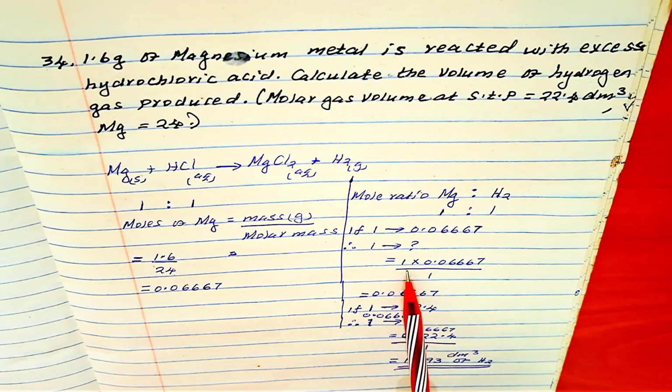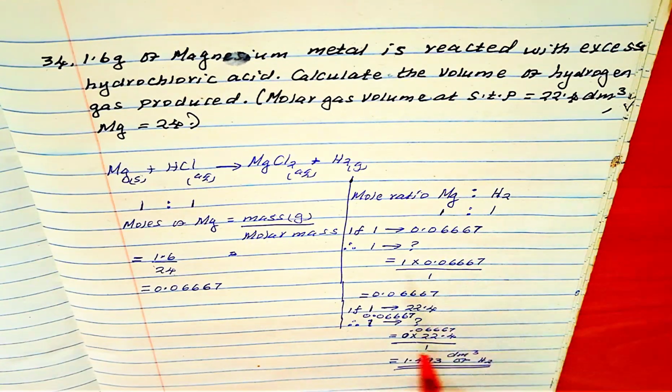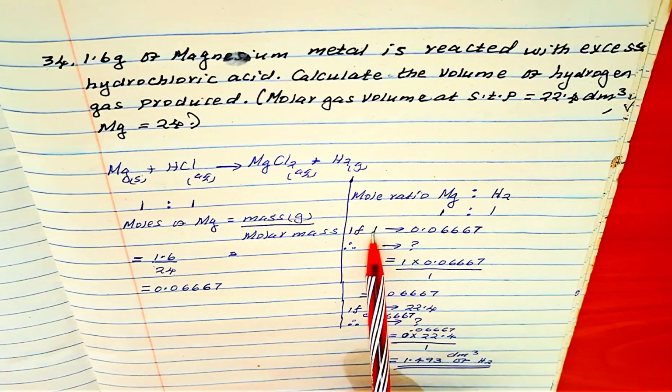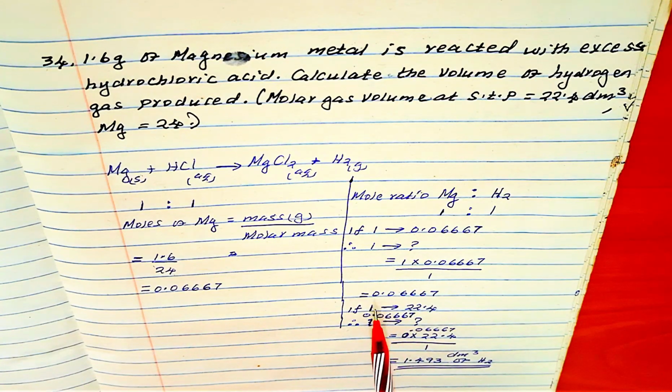So hydrogen will be 1 times 0.06667, we divide by 1, and the answer will be 0.06667. In other words, the answers are the same, but you must show the working. You cannot assume that since this was 1 and this is 1, then the answer is automatically this. You must show the examiner how you obtained this answer.